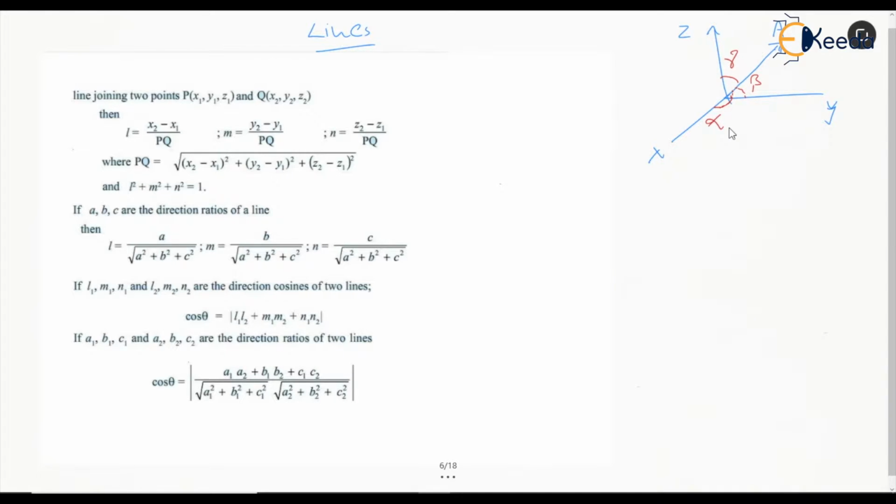So the cosines of alpha, beta, gamma are known as the direction cosines.